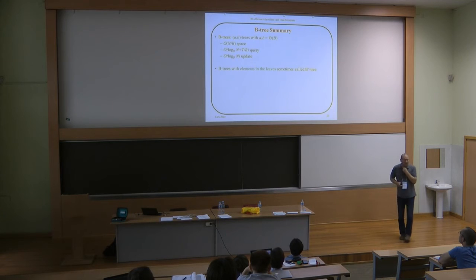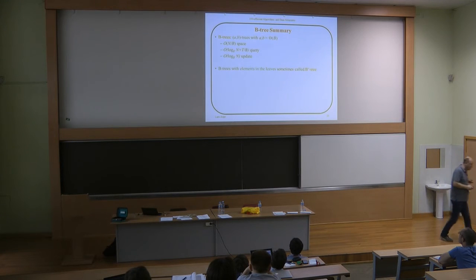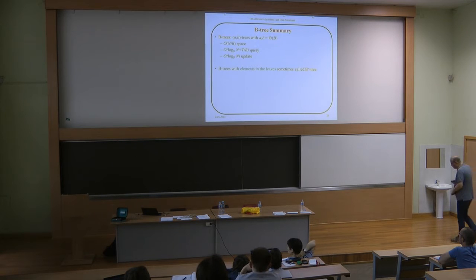All right, let me summarize so you can get back on here if you dropped off. A B tree is basically just an A-B tree with both of the parameters chosen to be the block size. It uses linear space. It can answer queries in what I want, namely an optimal search bound log-base-B of n plus an optimal output bound.